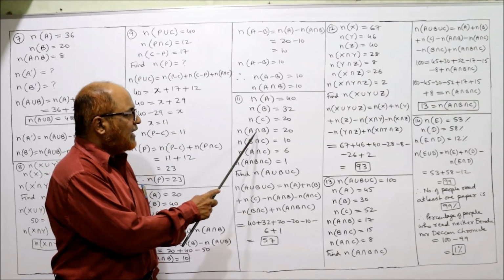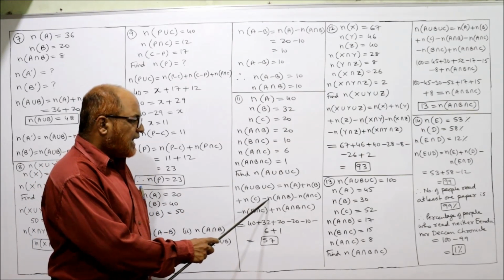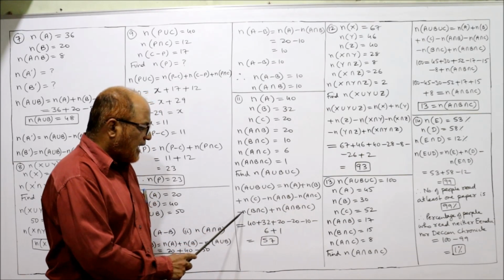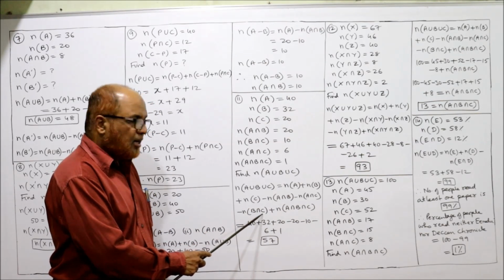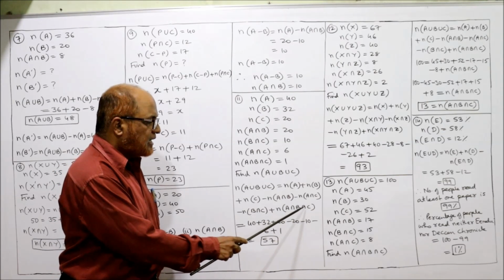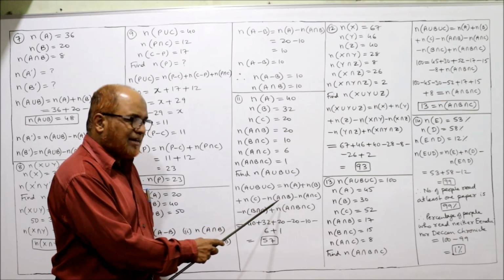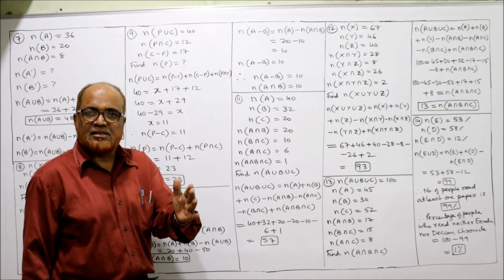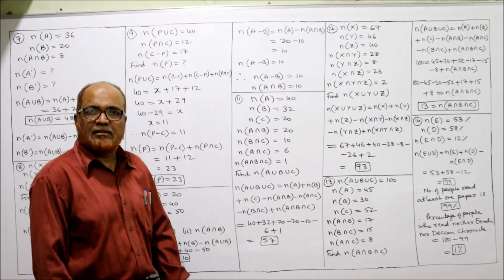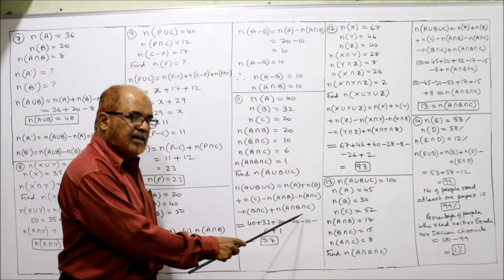We are having a pair of A and B, B and C, A and C. So minus N of A intersection B, minus N of A intersection C, minus N of B intersection C. Then plus N of A intersection B intersection C. So first we are deducting the pairs. The pairs are A and B, A and C, B and C. Then we have to add A, B, C, all the three intersection.